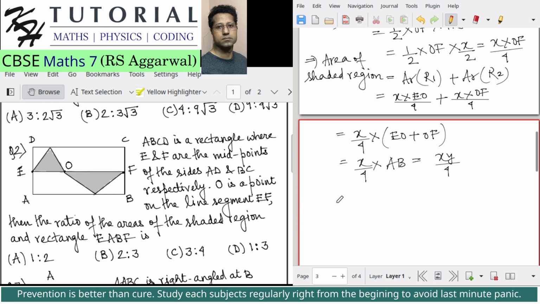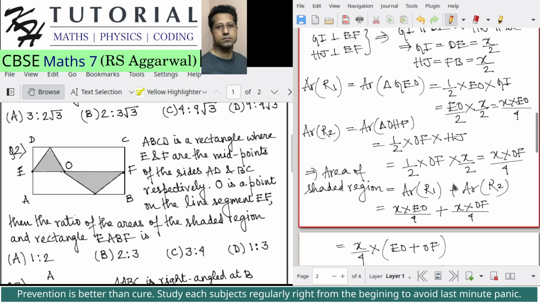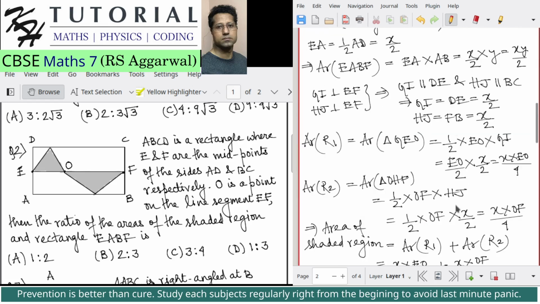So now we can find the ratio. The problem has asked the ratio of the area of the shaded region and the rectangle EABF. So the required ratio will be equal to the area of the shaded region, xy by 4, and the area of the rectangle EABF was xy by 2.